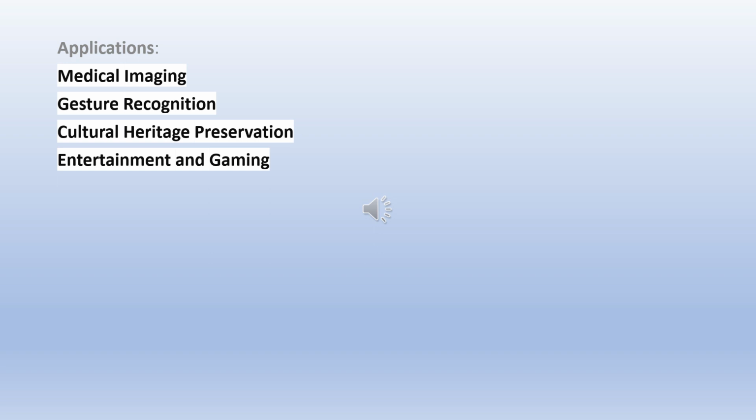In cultural heritage preservation, if we have a photo of some old building, we can make a 3D construction of it and see what our ancient rulers had, what sculptures they made. And in entertainment and gaming, like virtual reality, we can get 3D images, and it will really make the game more amazing.